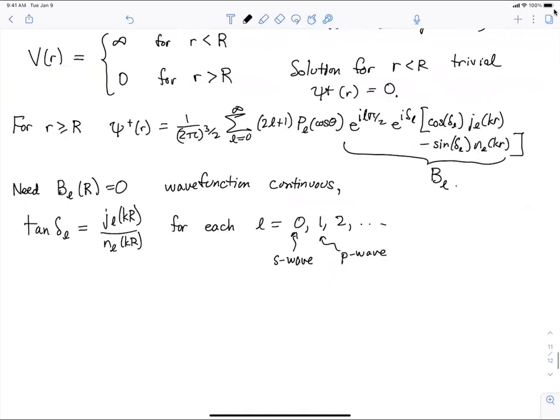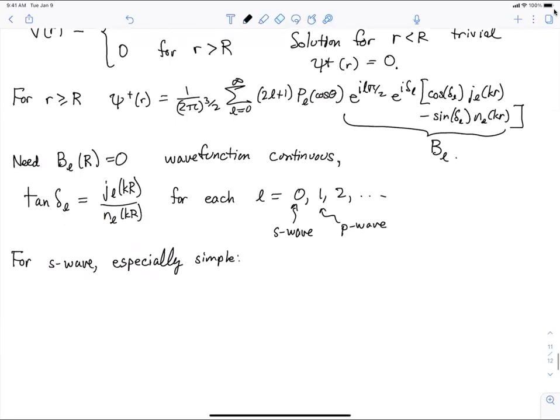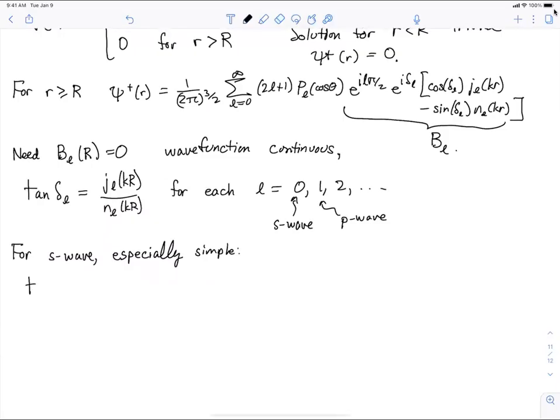Okay, so now we've really solved the problem because these are known functions. You can just look them up, and then you have to solve for tangent delta L by taking the arc tangent. So for S wave, it's especially simple. Let's work out what it is for S wave. Okay, so for S wave, that means L equals 0.